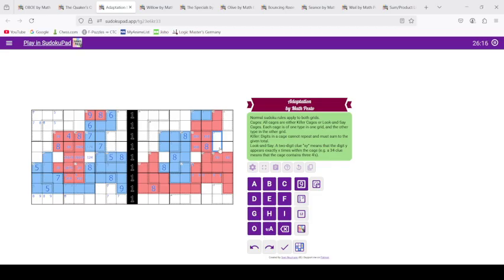Otherwise, there's a 3 somewhere over there. 7 is looking over here into that cage. There's a 7 in that cage. There is a 7 in this cage as well somewhere. Can't be there, so it has to be one of those two cells.